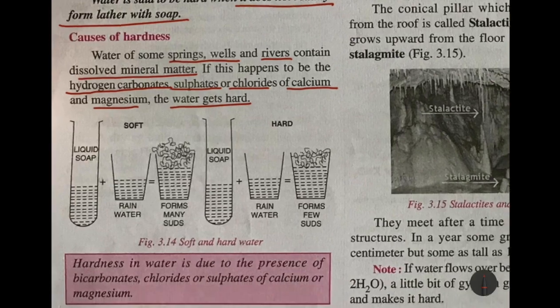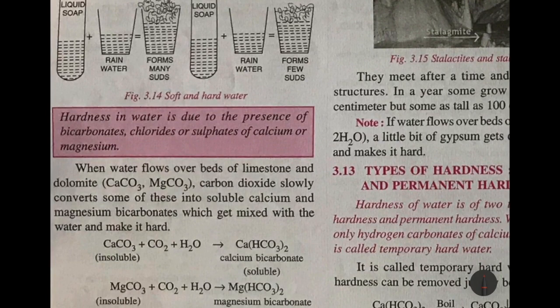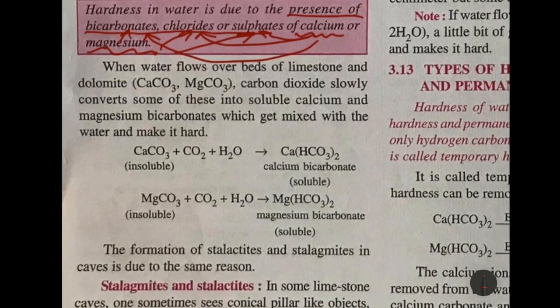So hardness in water is due to the presence of bicarbonates, chlorides, or sulfates of either calcium or magnesium. Then the water is said to be hard and it will not form lather easily with soap.